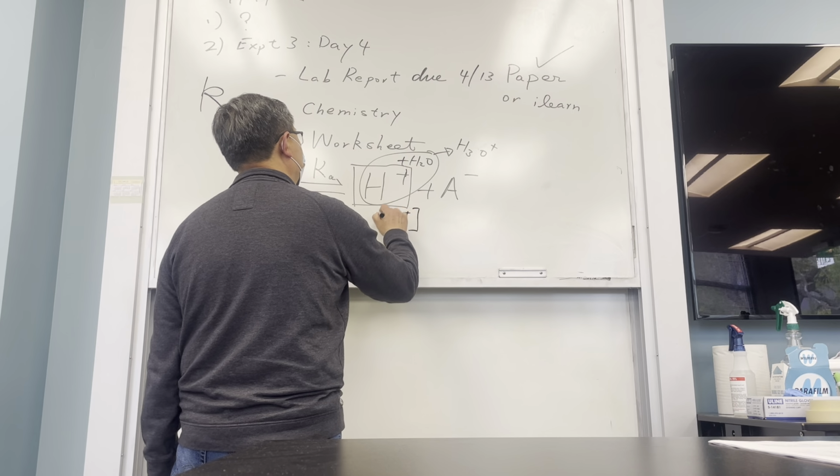The proton can be represented by pH. A lot of the time I see students get confused between the proton and the weak acid. So the proton is the pH.